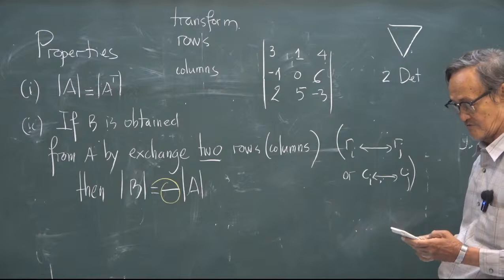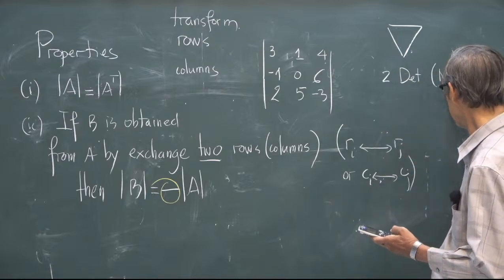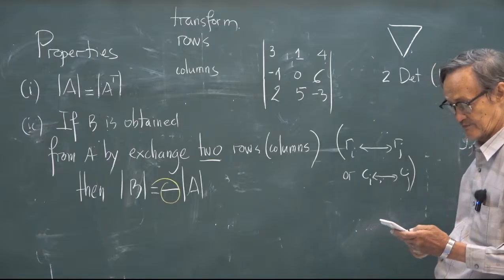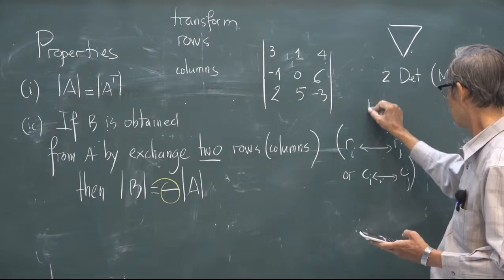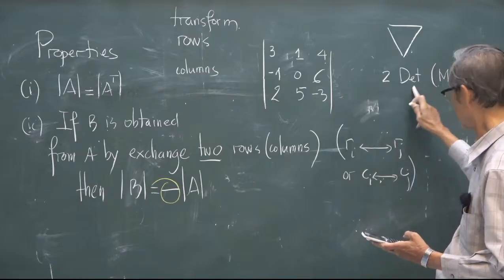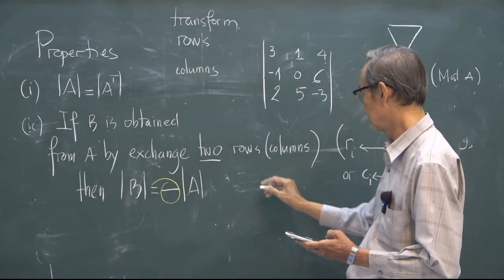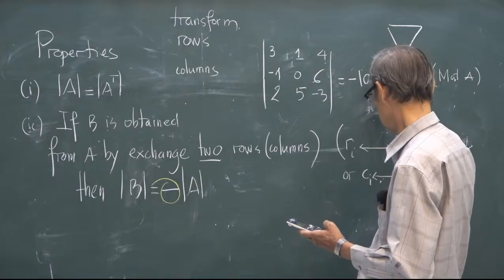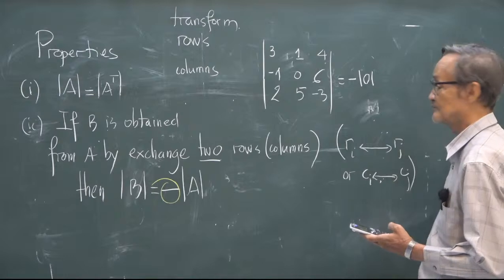Press 2, and Option, number 3, Mat A. On your screen you have det Mat A equals minus 101.